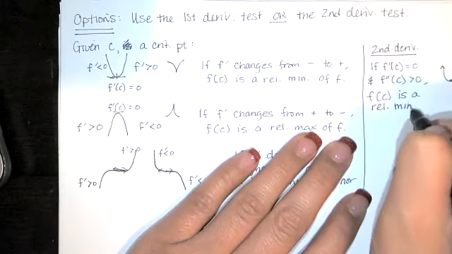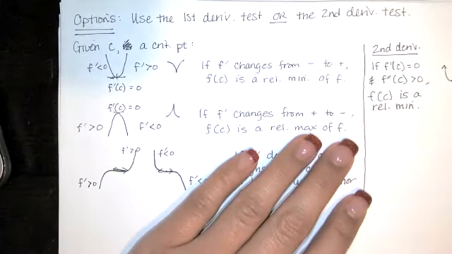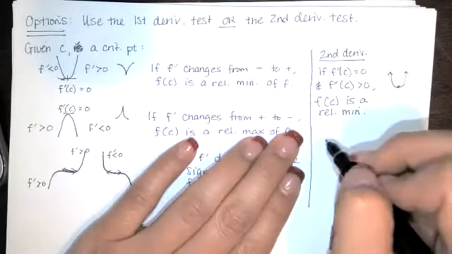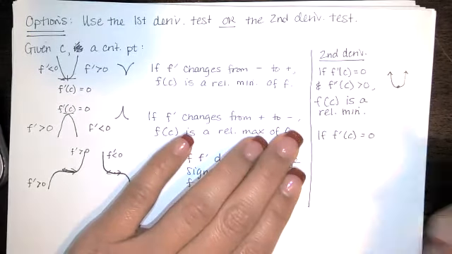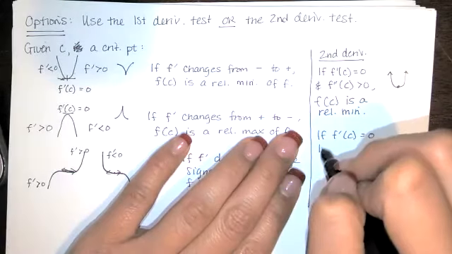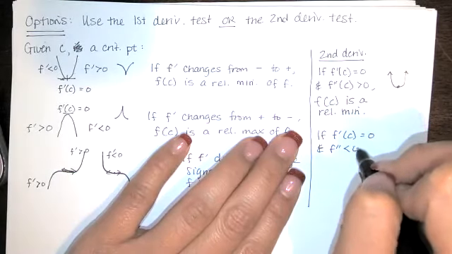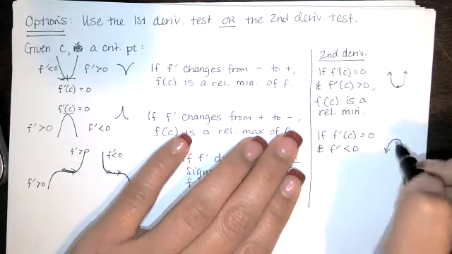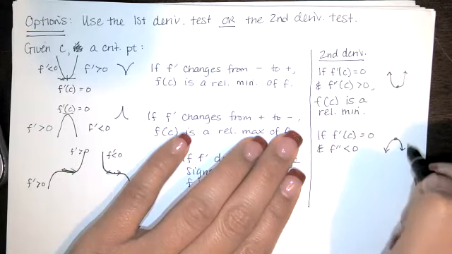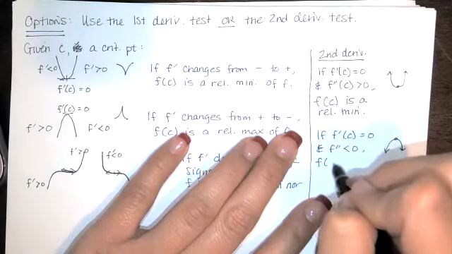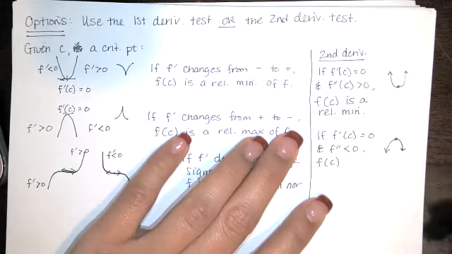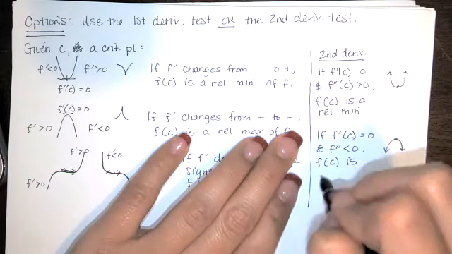And that's just because if the second derivative is positive, we know that the graph is concave up. Now, if our derivative is 0, so we're either at the bottom or the top of something, and f double prime is negative, that means our graph is concave down. So if it's concave down and we're at a 0 slope, well then that function value must be a relative max.